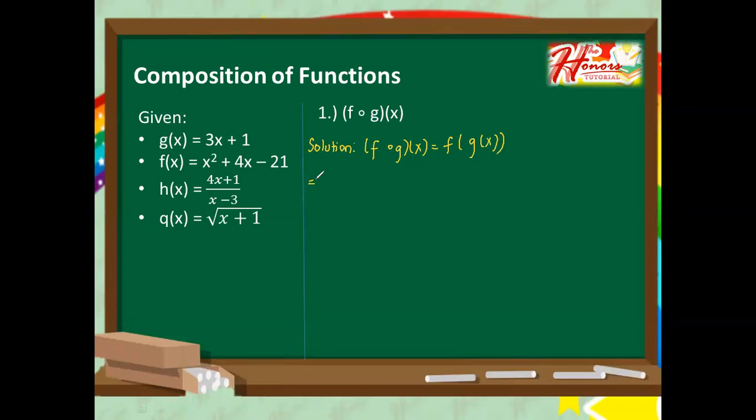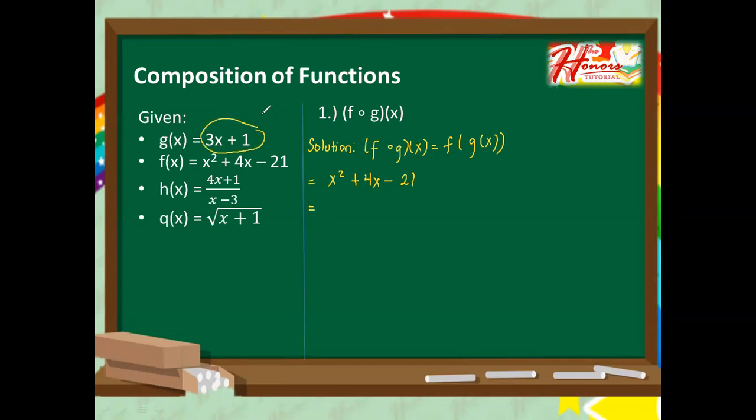So look for the value of f. Again, look for the value of f, and that is x squared plus 4x minus 21. And then the next thing that you have to do is look for g, that is 3x plus 1.